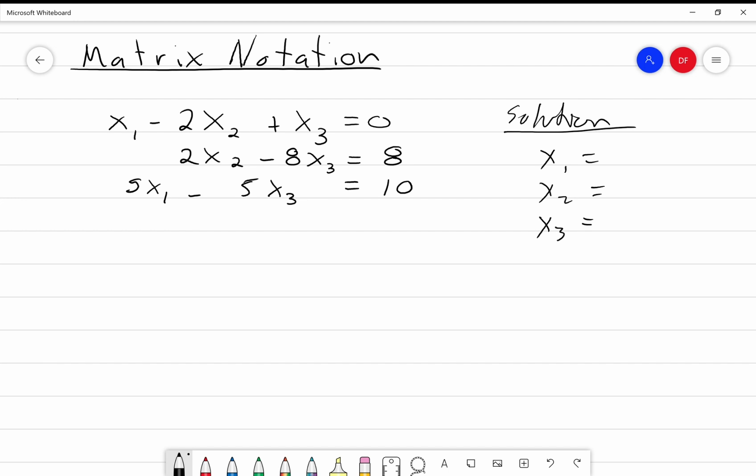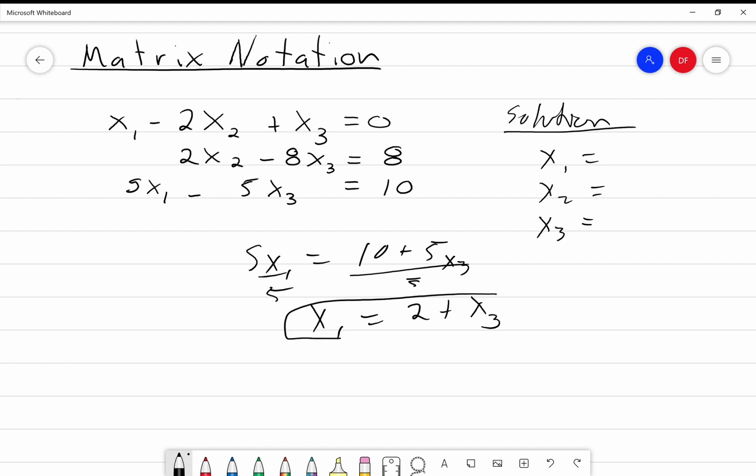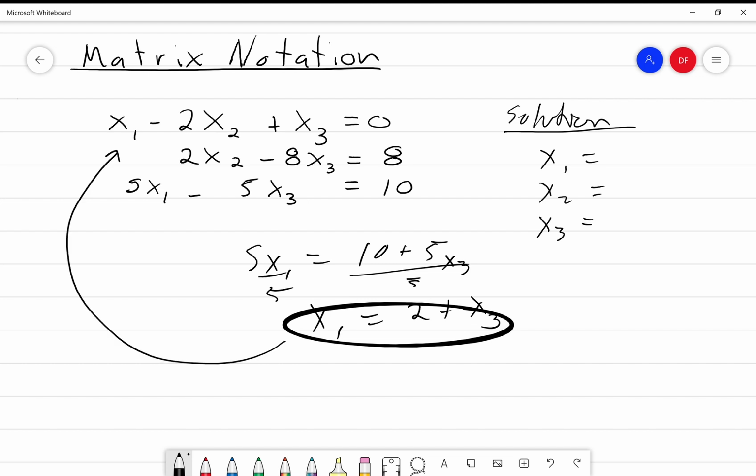Well, if we wanted to find a solution, you can do what we did for the 2 dimensions, where you say 5x1 equals 10 plus 5x3, x1 equals 2 plus x3 because we divide by 5, and then we take this and we plug it in here and solve for x2, and then we take that and we plug it in here, okay, and then maybe we will get an answer.